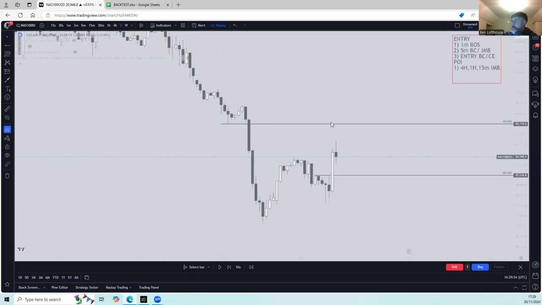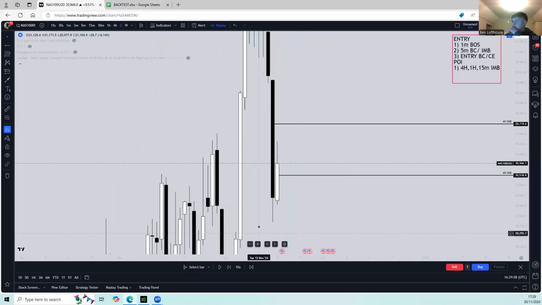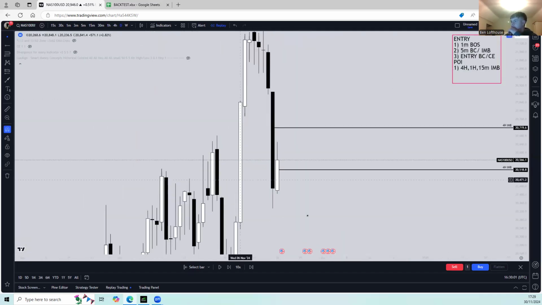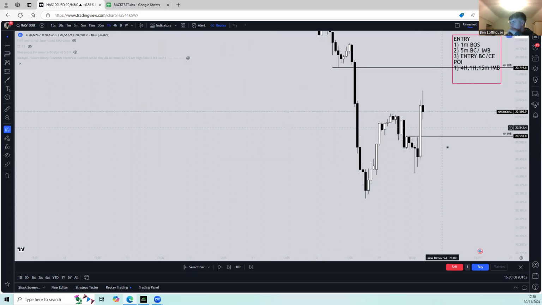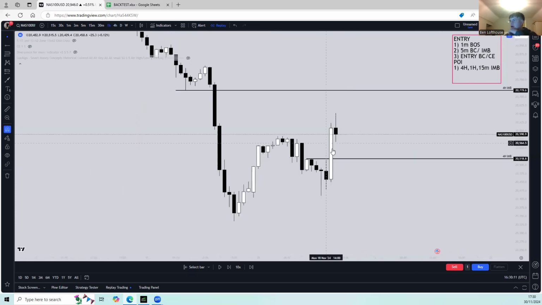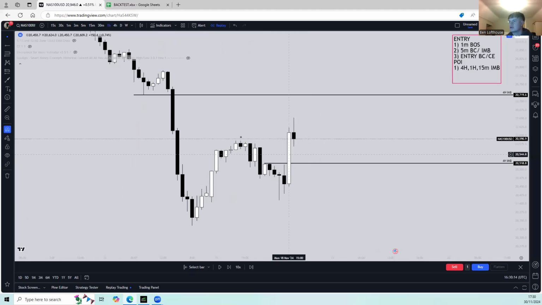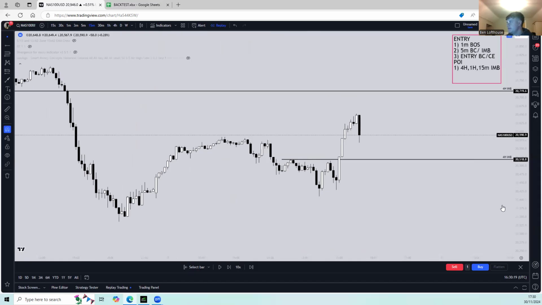I'll sort of check the daily as well. Daily imbalance filled on the buy side almost here. And then we're pushing up back to this 4 hour. On the 1 hour, we can see it lines up perfectly with the 4 hour imbalance. And we have that 1 hour candle. So if we're selling, this is where I'm looking to buy from, at least.